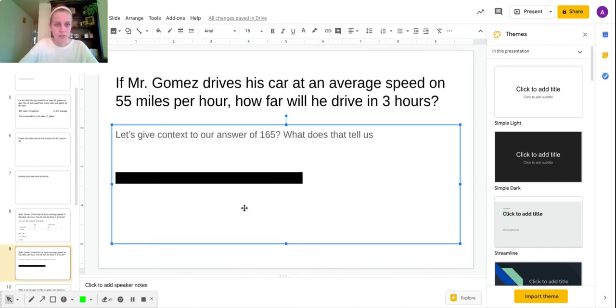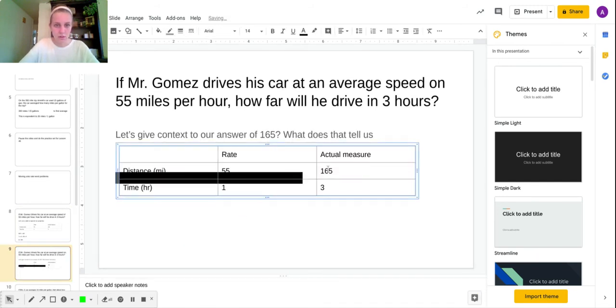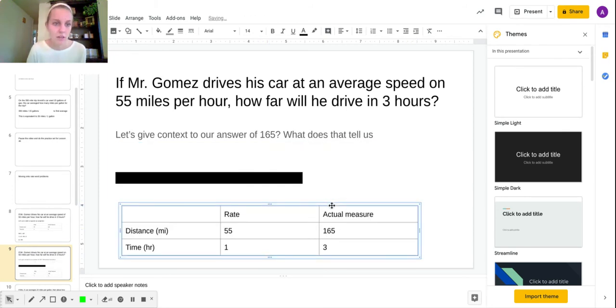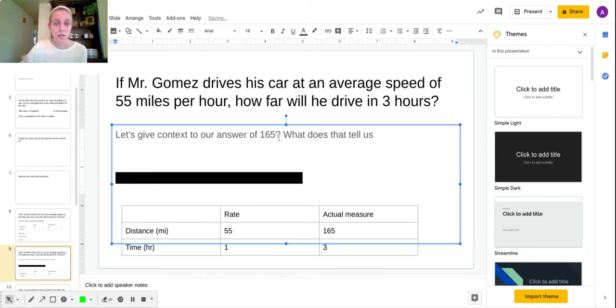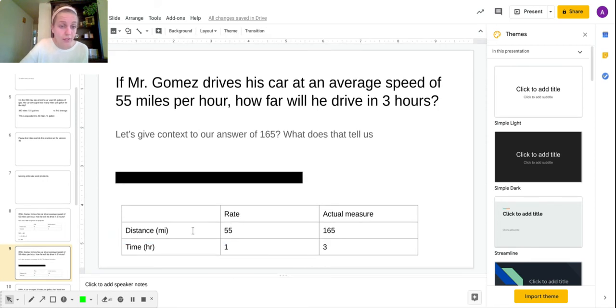Okay, if Mr. Gomez, so this is our question. If Mr. Gomez drives his car at an average speed of 55 miles per hour, how far will he drive in 3 hours? Okay, so we got the answer of 165, but what does that actually mean? So if I go to my chart, let's take a gander.